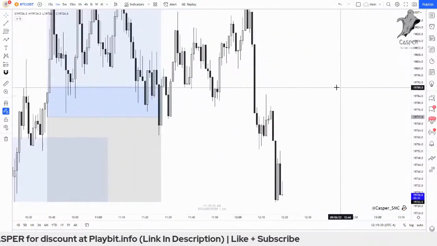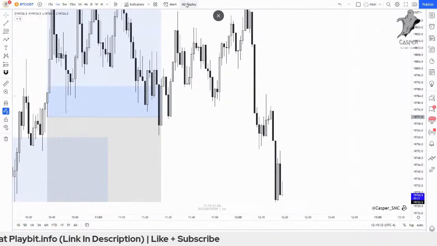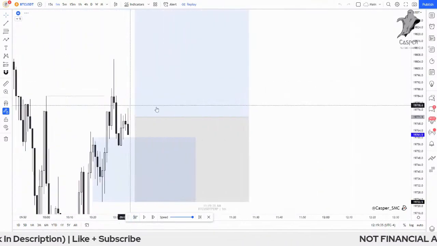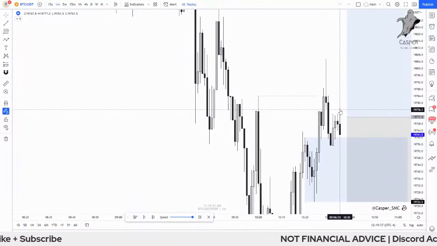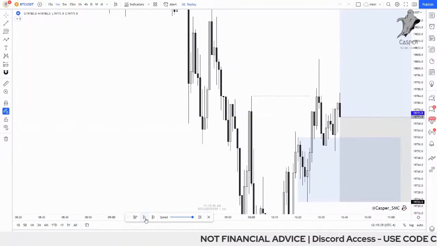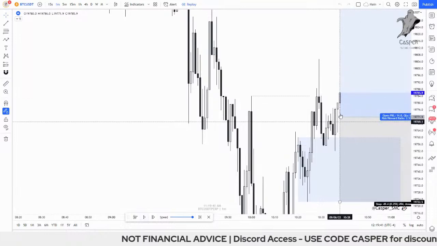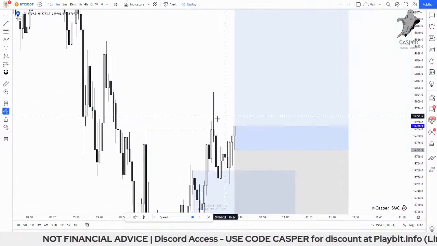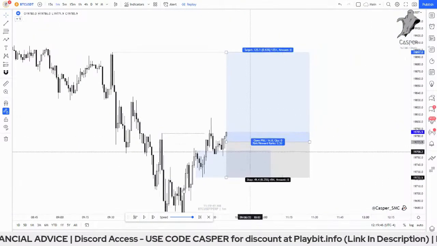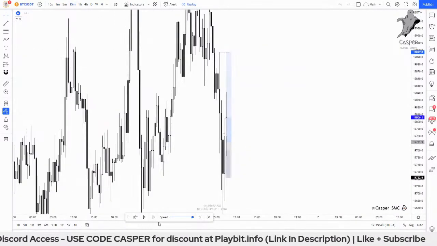Let me rewind this so you can see what it looked like before. Whenever we got above this high, that was to me a shift in market structure. No fair value gap, but I just said, okay, I'm just going to test it and see how it would have gone. But that was the ideology behind that.